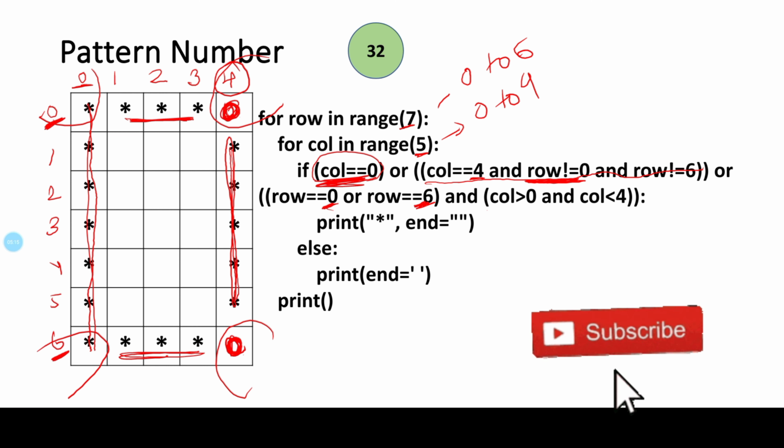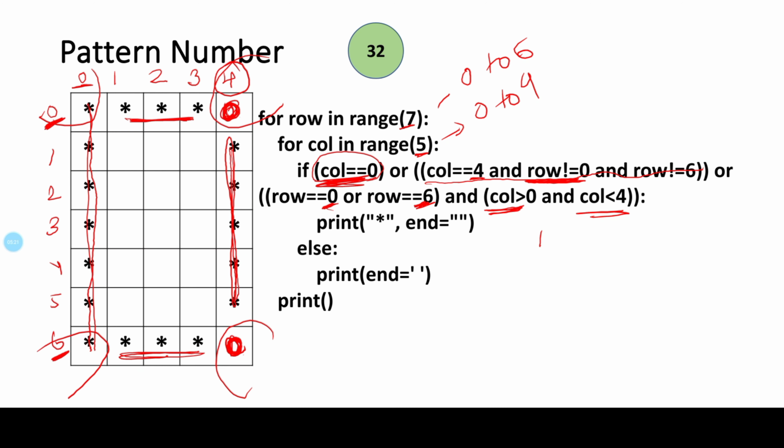So when column is greater than 0 and less than 4, again we are talking about column numbers 1, 2 and 3. It is saying when the column number is 1, 2 or 3, draw the stars. So we are going to draw only these 3 stars in the 0 and 6th row respectively, right?